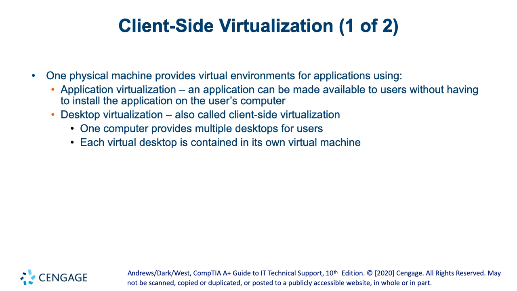Client-side virtualization has two options: application virtualization and desktop virtualization. Application virtualization allows users to use applications without installing an application. Desktop virtualization allows one physical machine to provide multiple virtual machines to users, and each virtual desktop is contained within its own virtual machine.